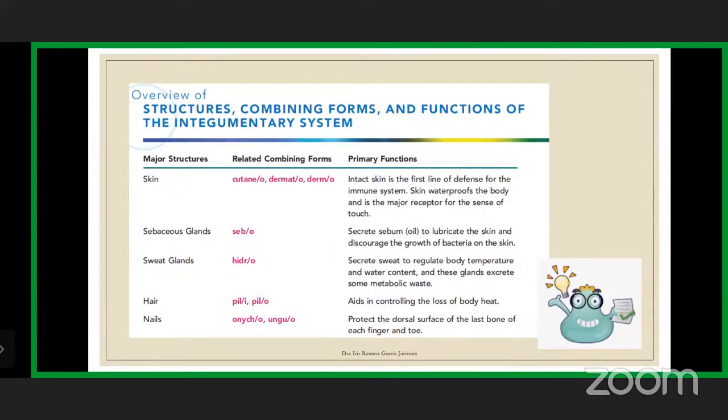We have the combining forms that we check in all the classes, taking into account the way of combining with vowels, and how to add them, and how to consider the word root, and the primary functions that we all know from medical school. So check it, read it, try to catch as much vocabulary as you can, because it's important. That's one of the most important objectives in this course, in this class.